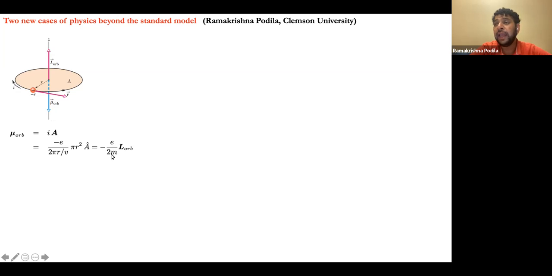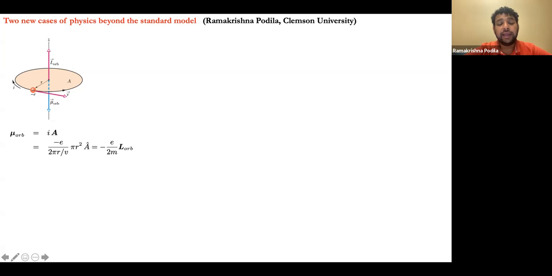So you would get e by m if you had S instead of L here. So the g factor is what multiplies this e by 2m when, instead of orbital angular momentum, we are considering the intrinsic spin of the electron, the magnetic moment associated with the spin of an electron.